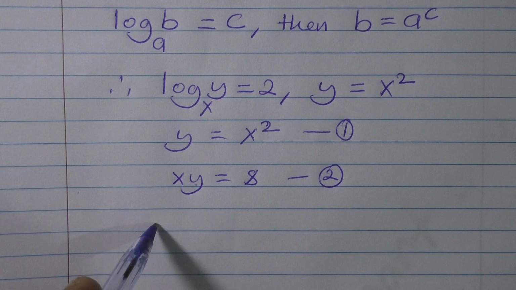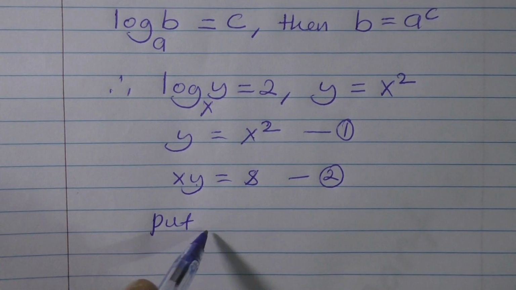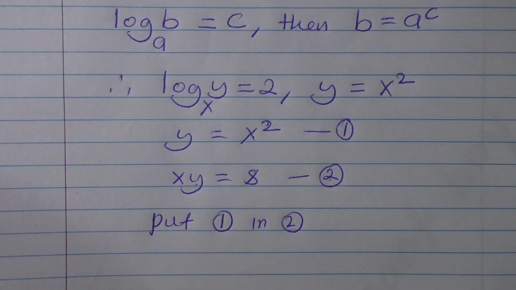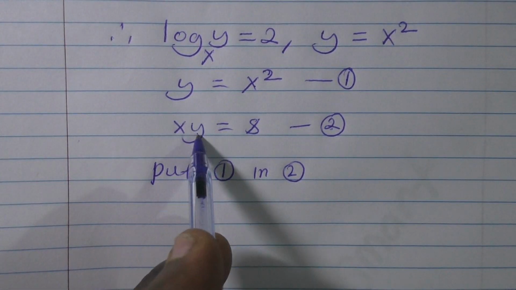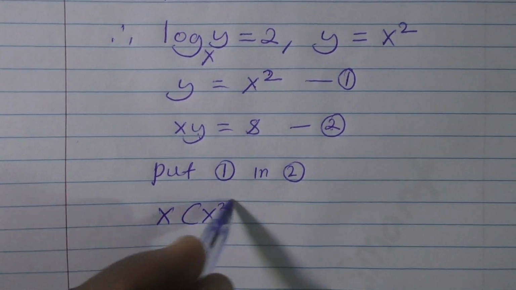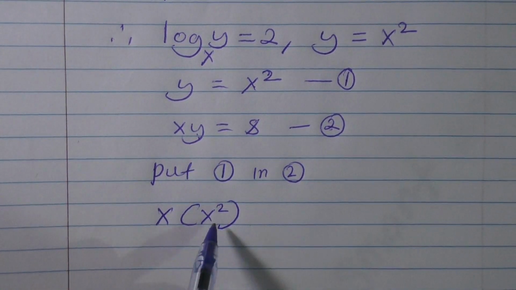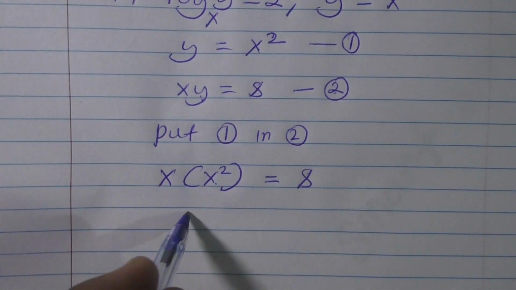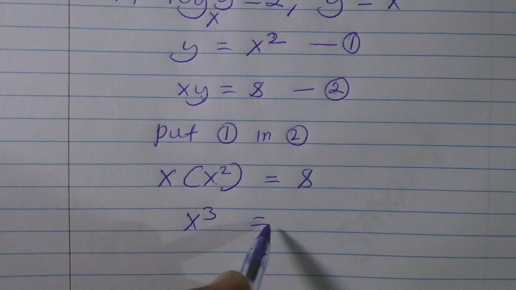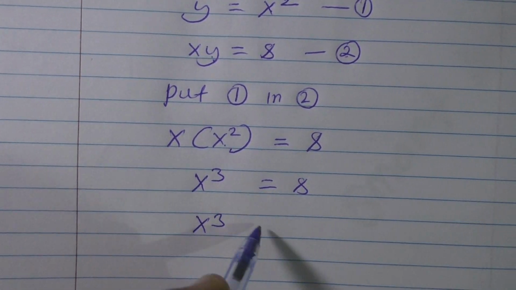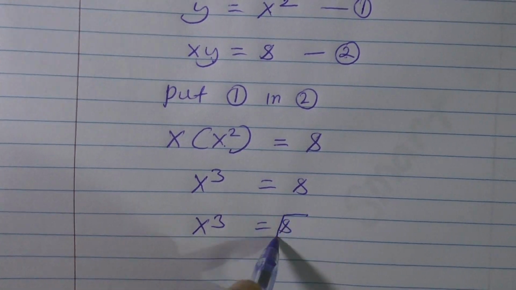So that if we put equation 1 in equation 2, meaning that we are substituting for y, we shall have x into x squared equals 8, meaning that x cubed equals 8. Then we get the cube root on both sides.